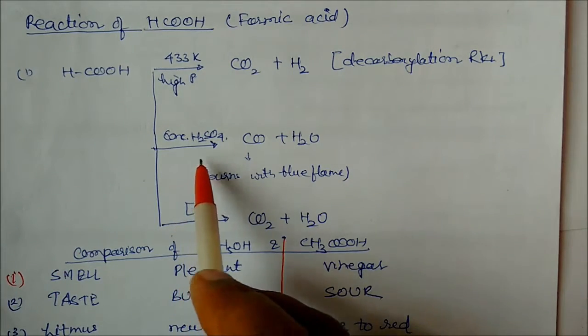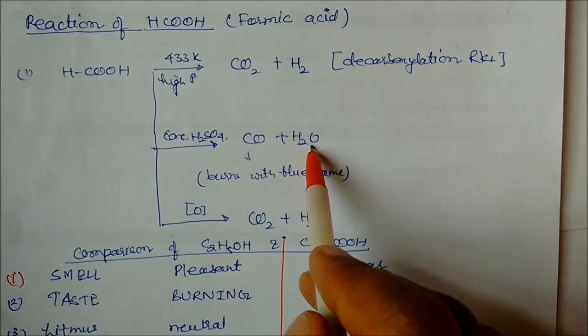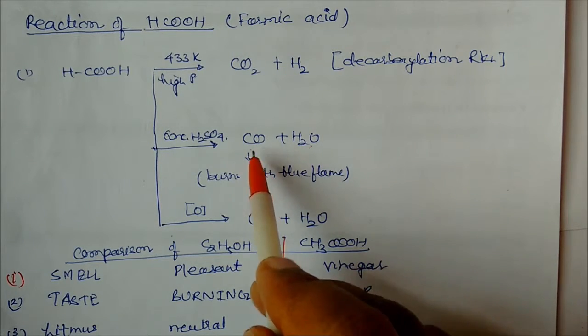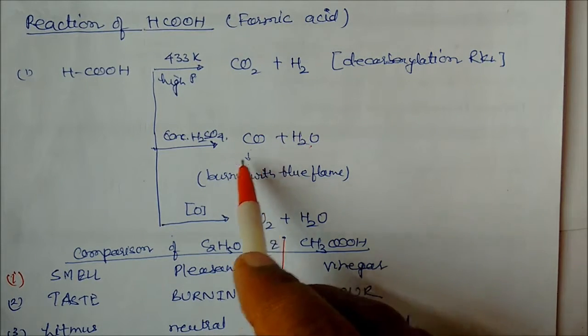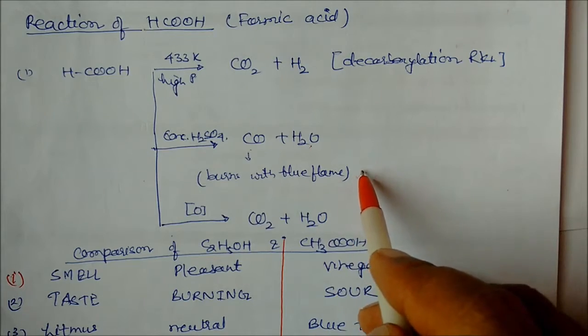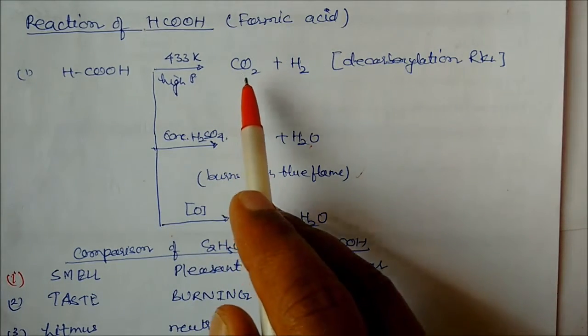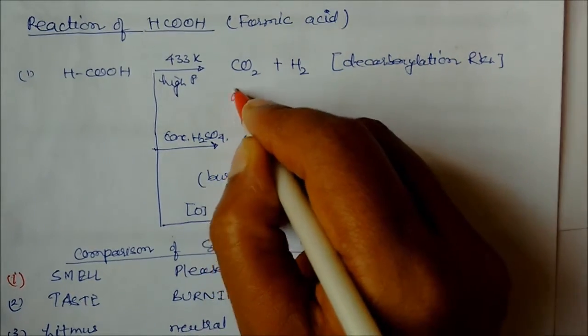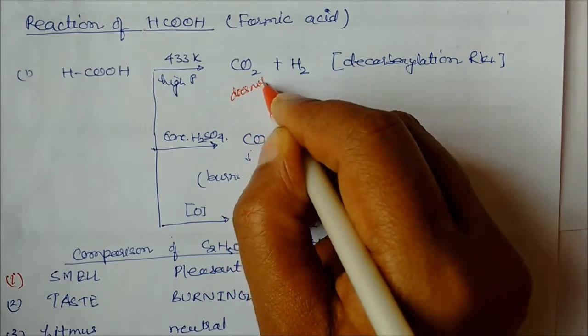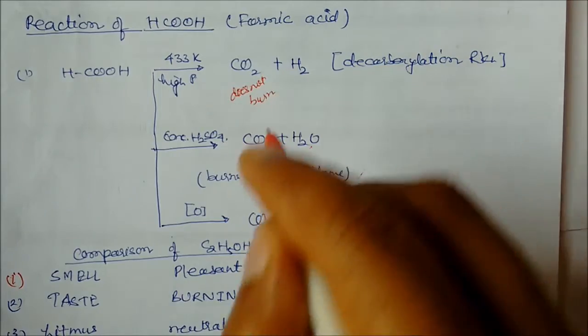If you take concentrated H2SO4, it will give you CO plus water, and CO, you know, if you heat it, will burn with a blue flame, just to mark it. CO2 does not burn, as you know very well, but CO burns, mind it.